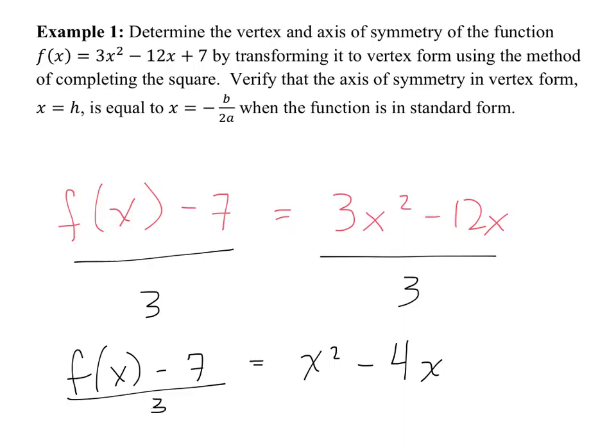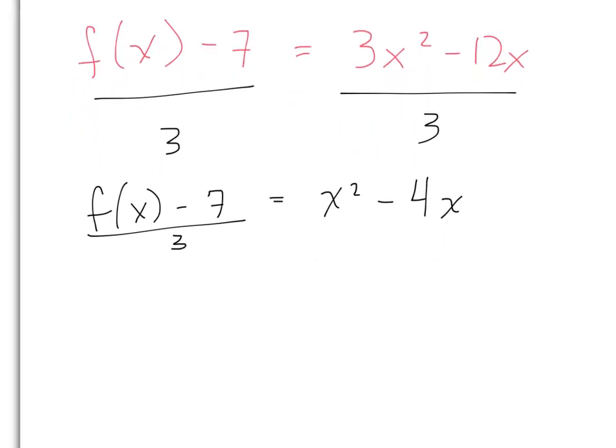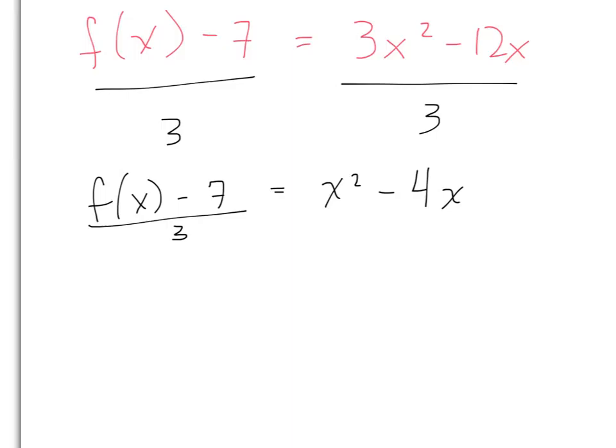Now, how would I go about approaching this next? It's going to be a little bit messy. Once you find half of 4 and then square it, that becomes a new c. Okay, so half of negative 4 is negative 2, squared is 4. So let's add 4 to both sides. But how do I add 4 to the right-hand side, guys? Or the left-hand side?